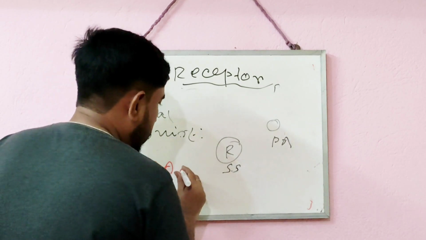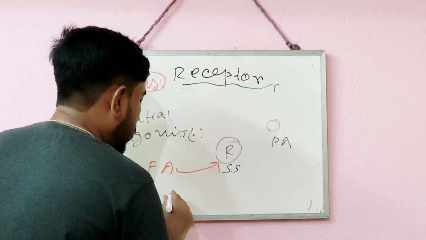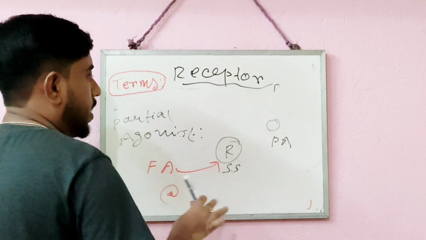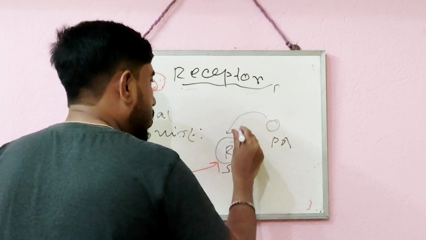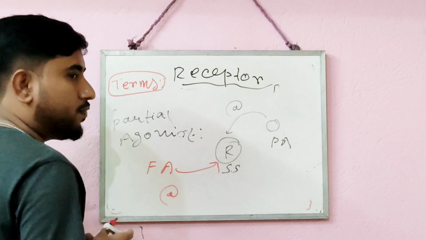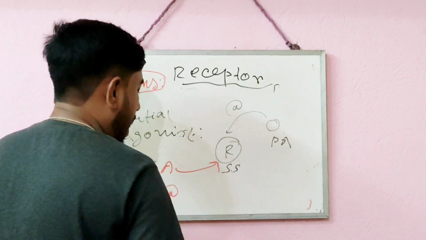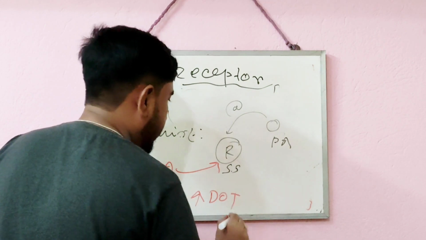If that full agonist binds with the receptor, it is going to show you one action. And if the partial agonist is binding with the receptor, that is also going to show the same action. But in case of a full agonist, it is going to show action for a higher duration of time.